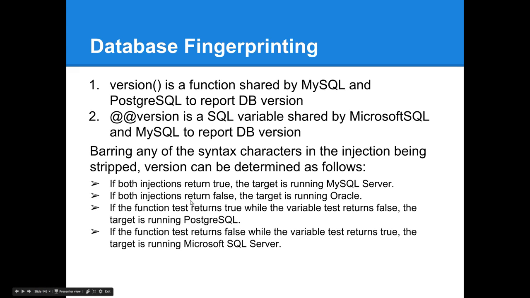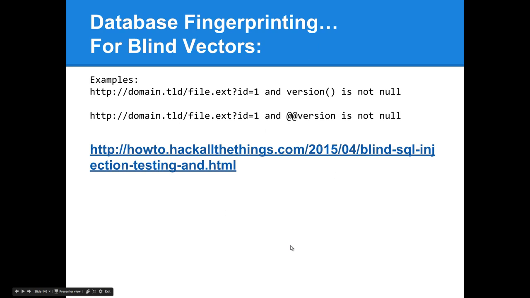So that's explained right here down below. If both injections are true, then the target is running MySQL. If both injections are false, the target is running Oracle. If the function test returns true, while the variable test, @@version, returns false, then the target is running PostgreSQL. If the function test returns false while the variable test returns true, the target is running Microsoft SQL Server.